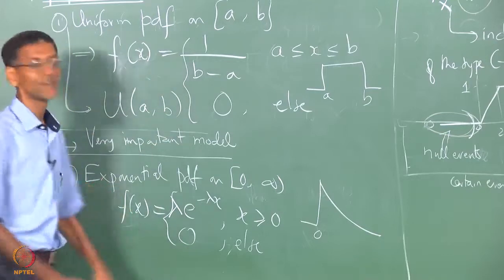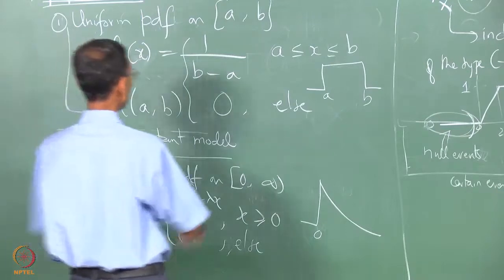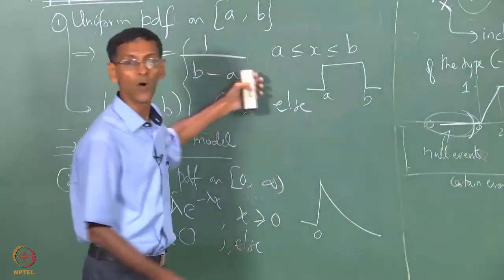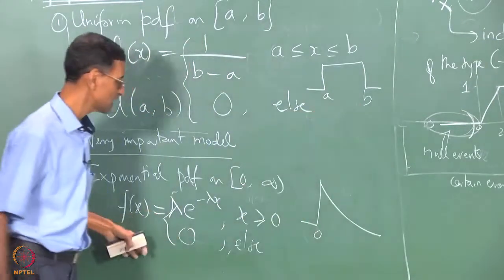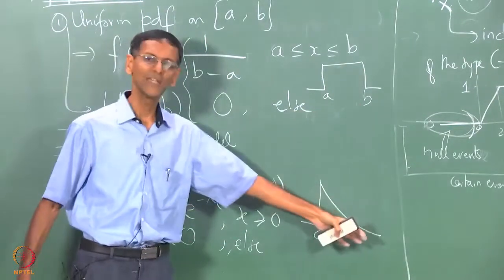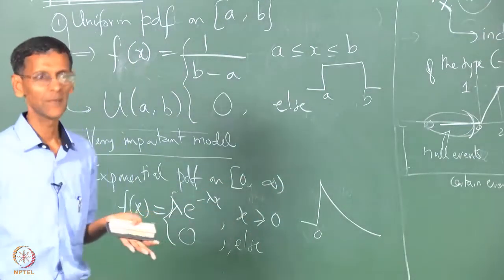Along with the PDF, you can also write the CDF. The CDF is always going to, in this case, be a ramp between A and B. And here what is it going to be? If this is the discharging of a capacitor, the CDF will be a charging of a capacitor.